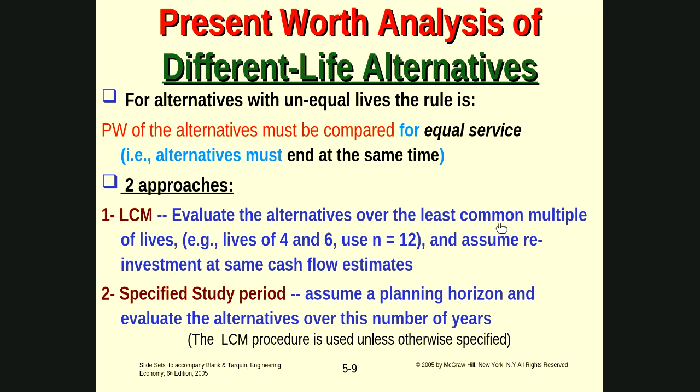عامل مشترك أصغر is the least common. We call it المضاعف أو القاسم المشترك الأصغر.